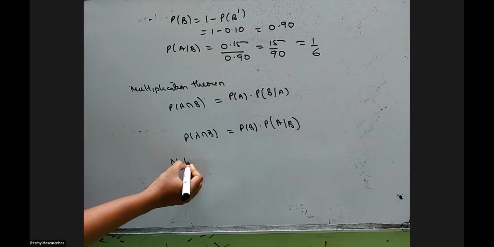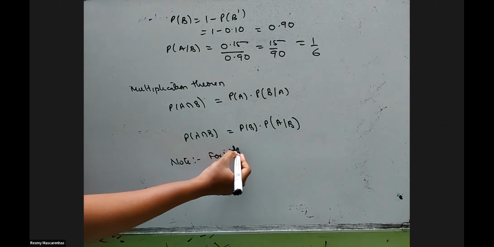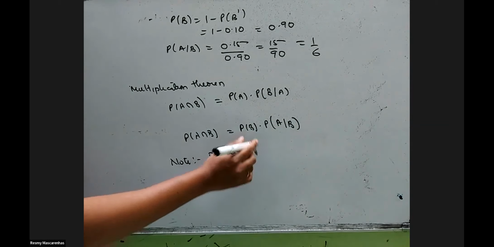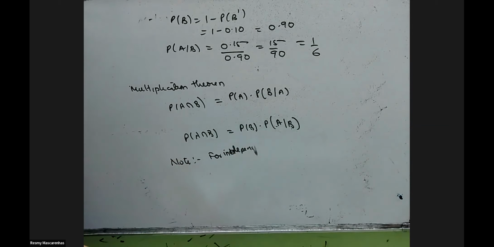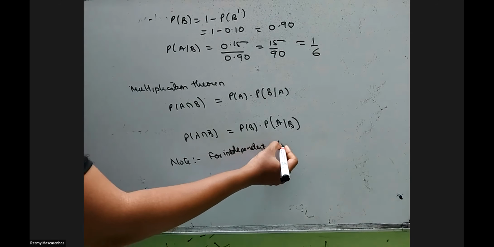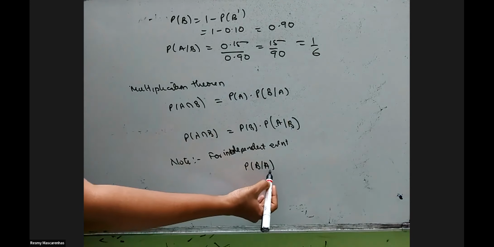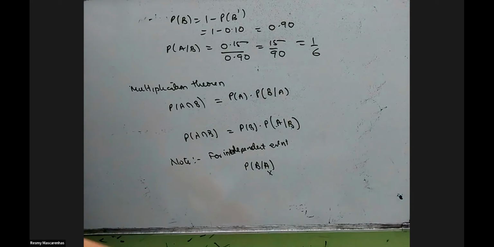Now there's a note, what it says, for independent events, A is obviously not dependent on B. Whenever this is not dependent on B, it doesn't make any difference.